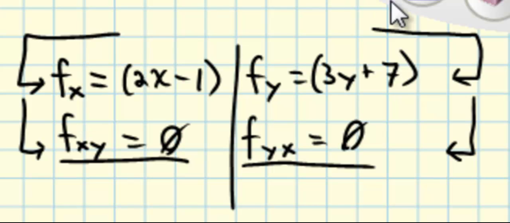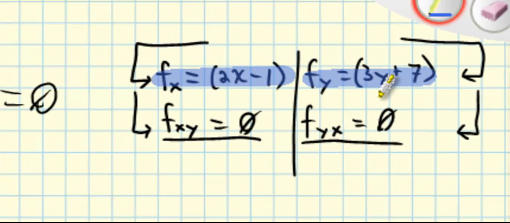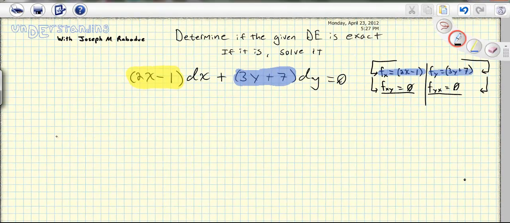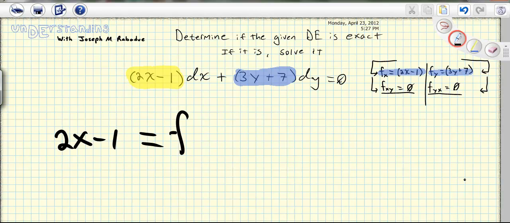So now we go back to our main equations, which were these ones here. Okay? Now what we do is we write the equation 2x minus 1, and we know that that is equal to f with respect to x. Well, how do we undo that? We take the integral with respect to x.